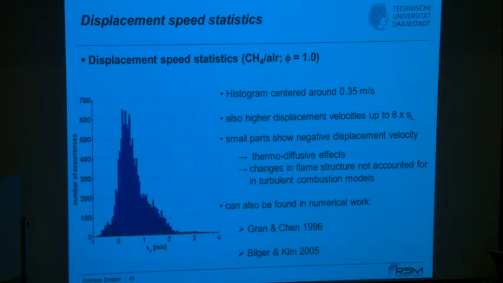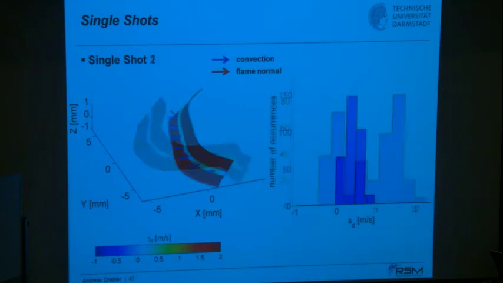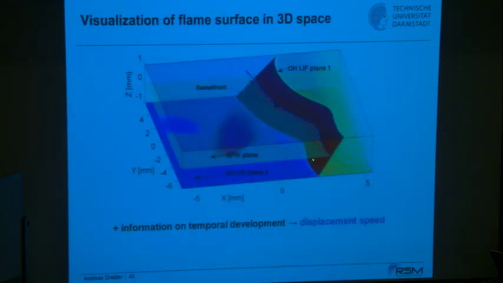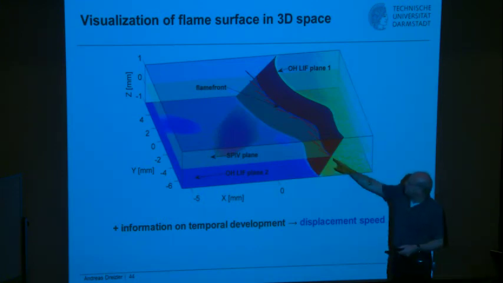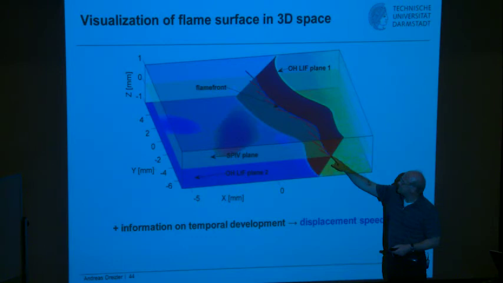You have seen that we have taken the convection velocity at the estimated position of the flame front. Maybe I go back. Here is the estimated position of the flame front with the flame normal. But as I'll show after the break, you have to take the convection velocity slightly up front of the flame front, upstream, no, sorry, this is downstream of the flame front.